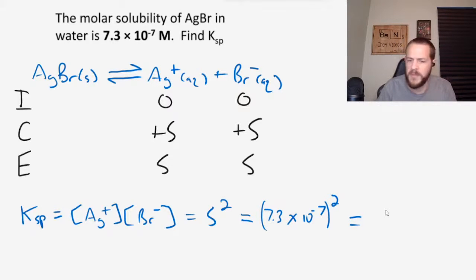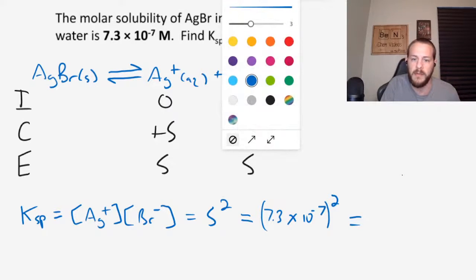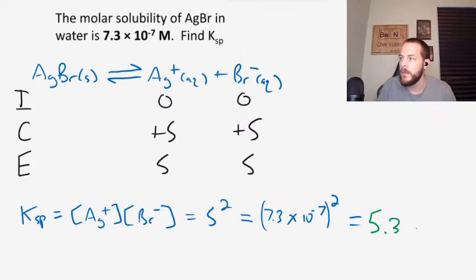So 7.3 times 10 to the minus 7 squared gives us a Ksp value for silver bromide of, let me do this in green, what did I get? 5.3 times 10 to the minus 13. Very, very small number.